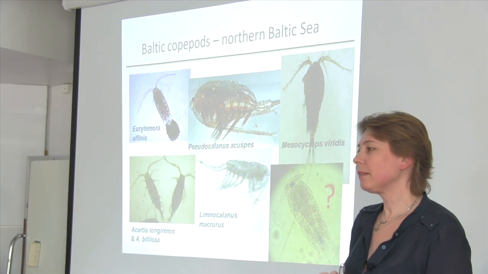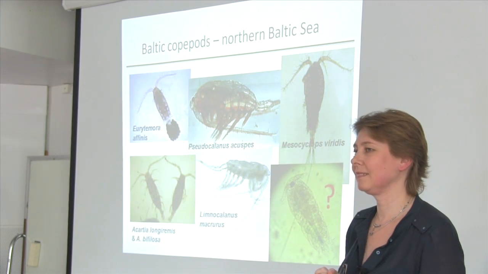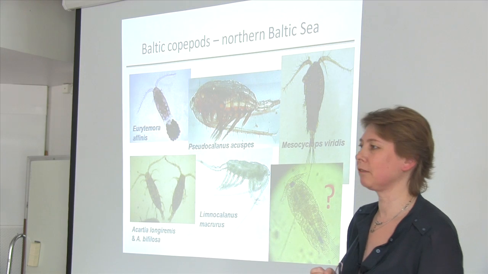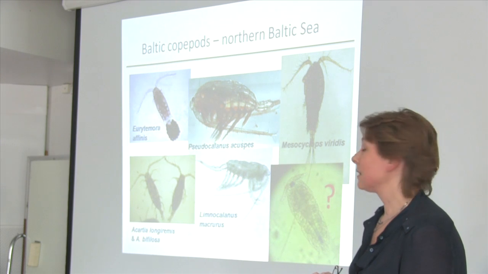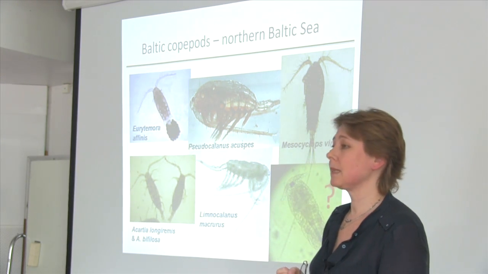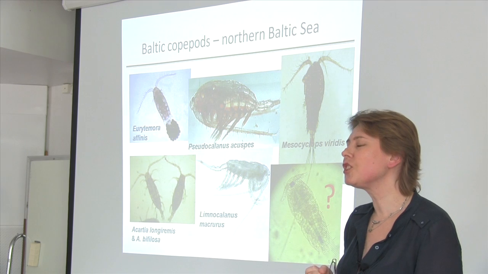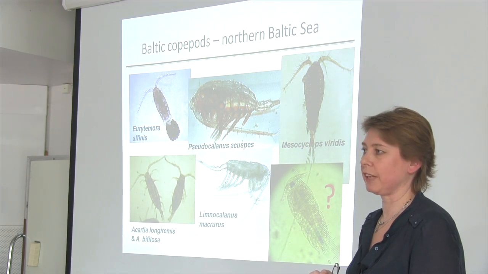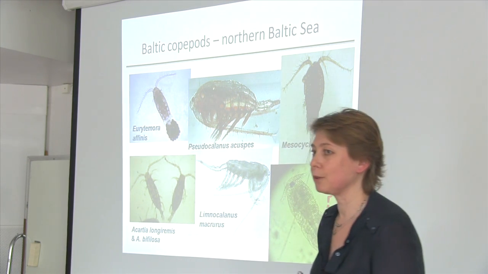So Pseudocalanus samples from everywhere in the Gulf of Riga, Gulf of Finland, Bothnian Bay, south, east, west, turned out to be just one species, Pseudocalanus acuspis, which also has extremely low genetic diversity in terms of the mitochondrial cytochrome oxidase, the barcoding gene.